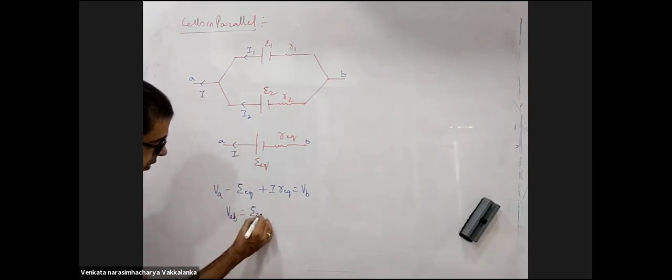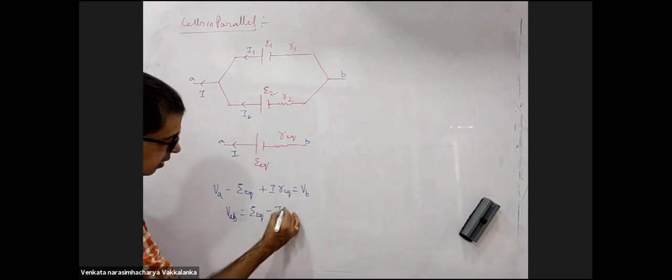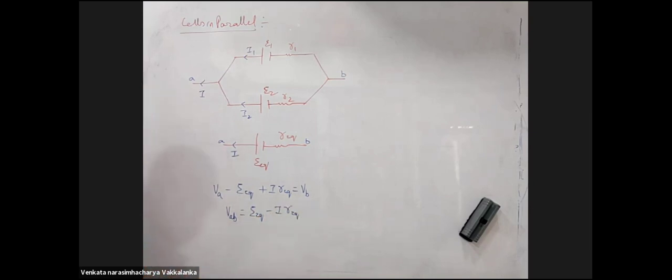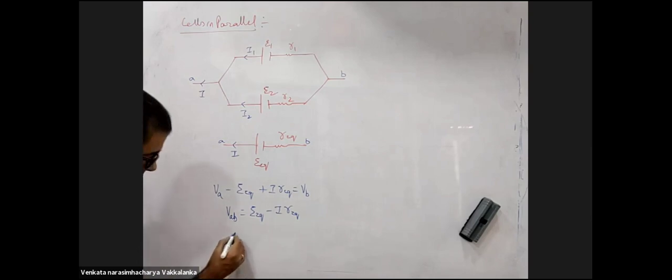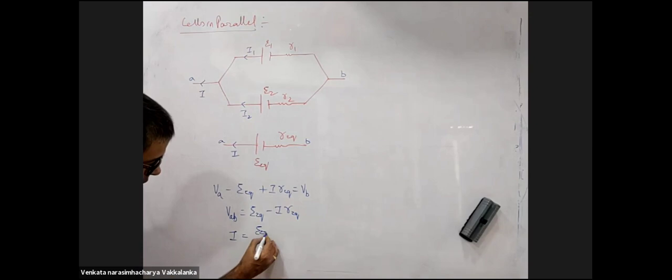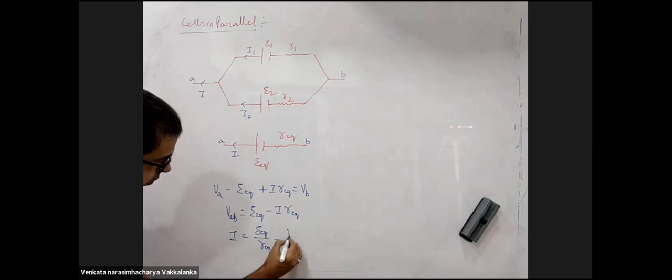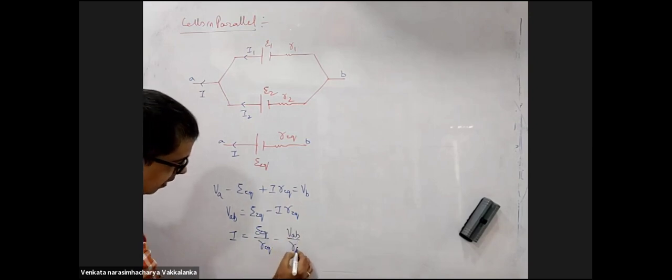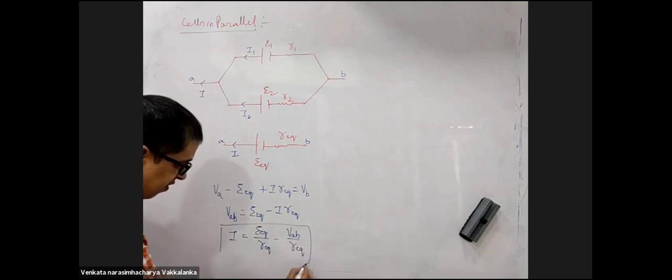VAB is equal to E equivalent minus I into R equivalent. Now I will be equal to E equivalent by R equivalent minus VAB by R equivalent. This is my first equation.